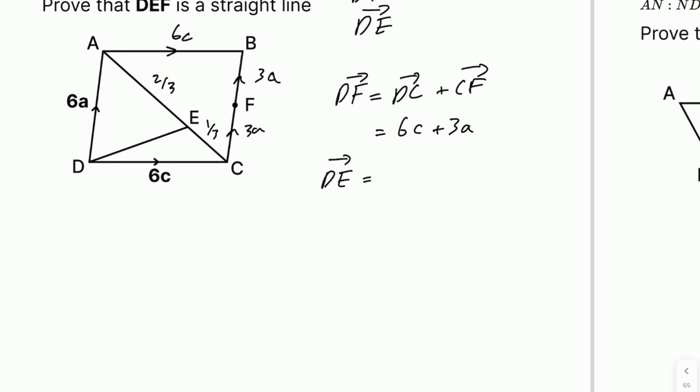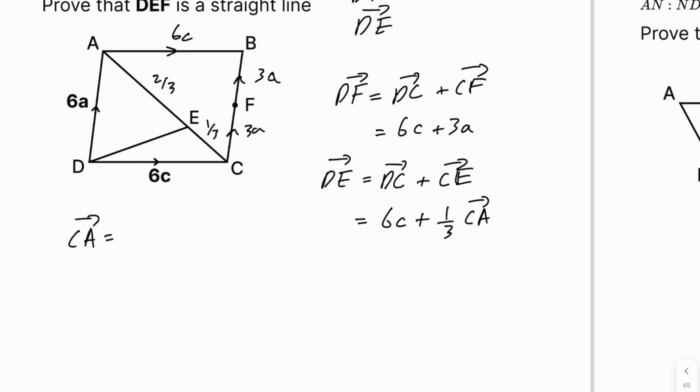So that is going to be D to C again plus C to E. So that is that, which is going to be 6C. Now C to E is 1/3 of the full length, CA. So now I just need what CA is. So what is C to A?